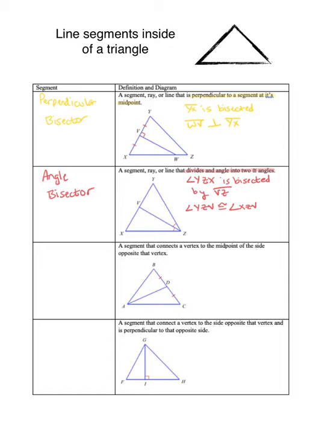Now, the next one. This is a segment that connects a vertex to the midpoint of the side opposite the vertex. Okay, vertex is the point in a triangle. We call this the median.